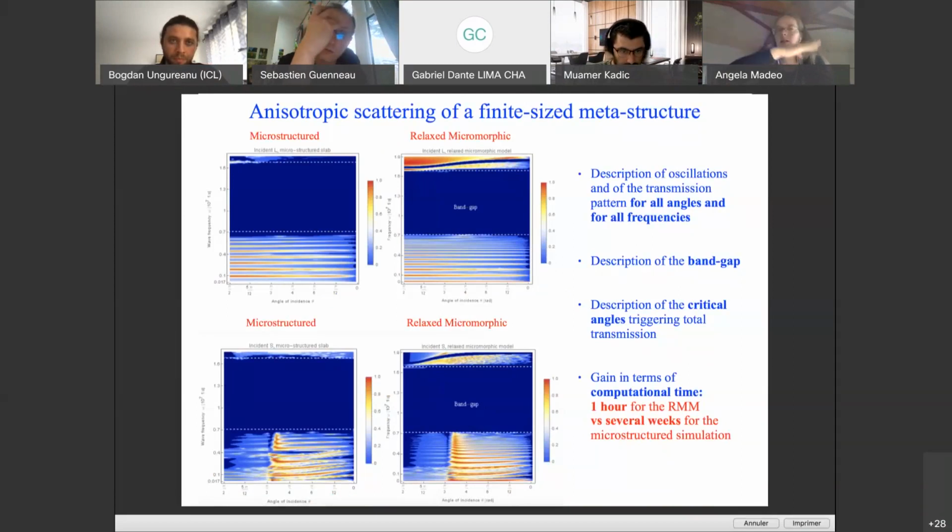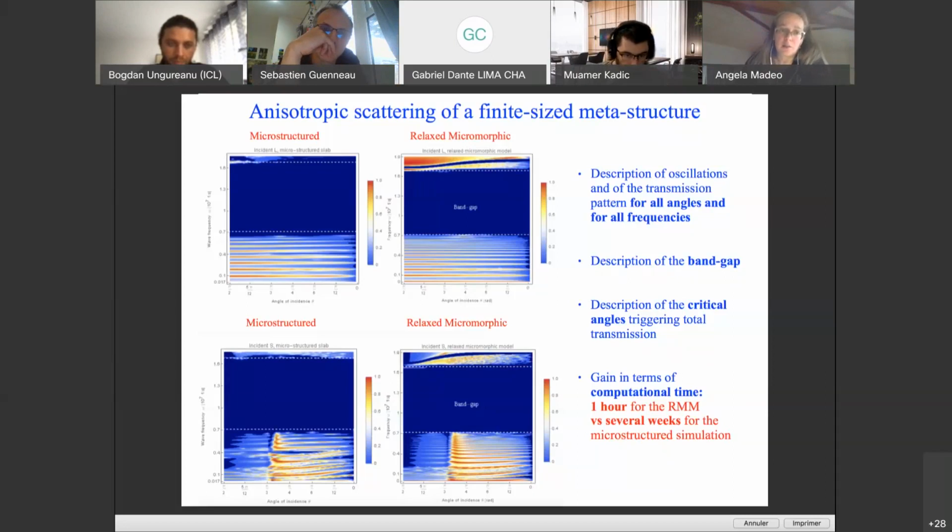We said we are anisotropic, so we are spanning all angles. And the color of these pictures gives you how much energy is reflected or transmitted. Where it is blue, everything is transmitted. For example, here we are in the bandgap, the wave reaches the metamaterial, everything is reflected. So zero transmission.